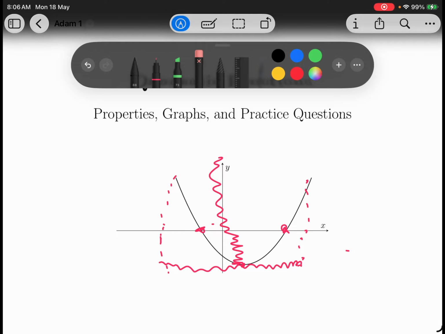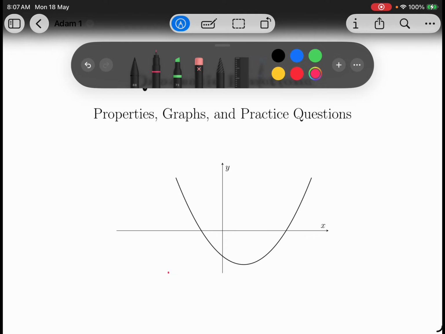Here the range is affected by a, because when a is more than 0, the range is something, and when a is less than 0, the range is something different. So look at this. If a is positive, then the parabola might be like this.